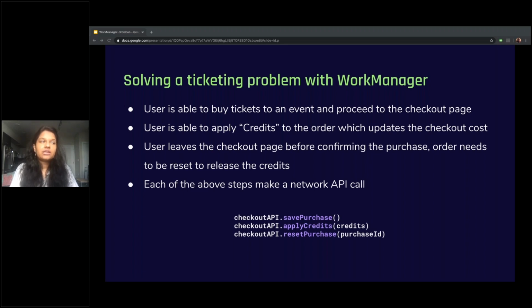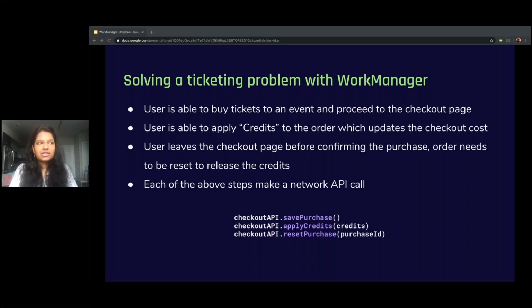The user is also able to apply credits to the order, which updates the checkout cost. Now, for some reason, the user leaves the checkout page before confirming the purchase. The order technically should be reset to release the credits and make them available to the user again.